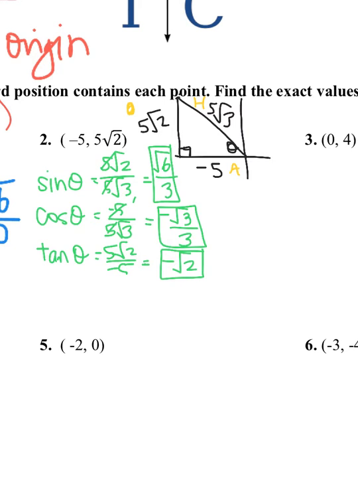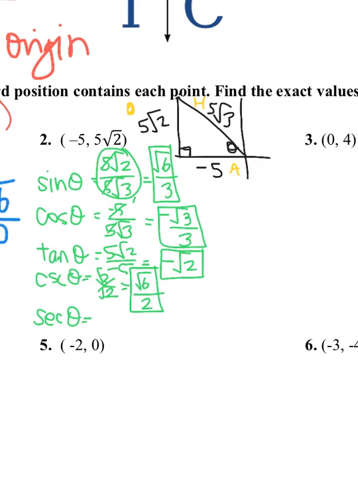Okay, and next we're going to do our reciprocal functions. So we got cosecant, which will be √3 over √2, if I'm looking here and just doing the reciprocal. Rationalize, we get √6 over 2. And then secant, if I take the reciprocal of that, I get negative √3, right there.